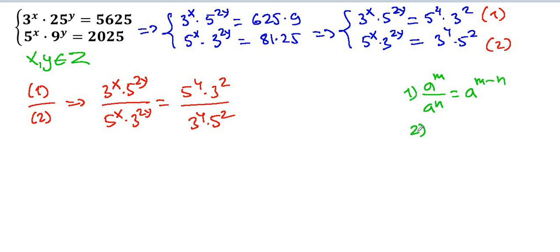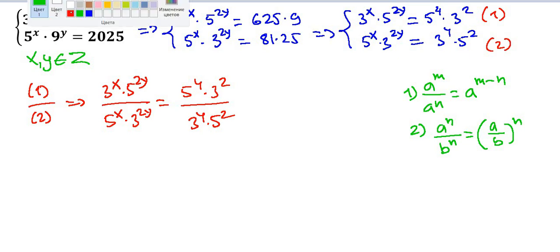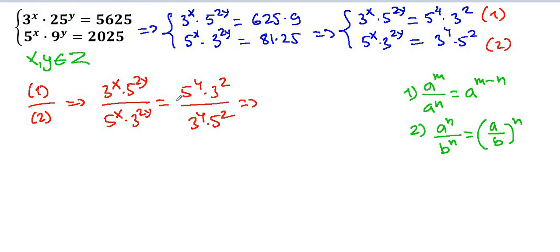So the second formula is a to the power of n divided by b to the power of n, and we see that here exponents are the same, therefore I can express it as a over b to the power of n. Now let me apply these two formulas to the last equation. So then this is going to be equivalent to, from the left hand side by using the first formula I can simplify as follows.